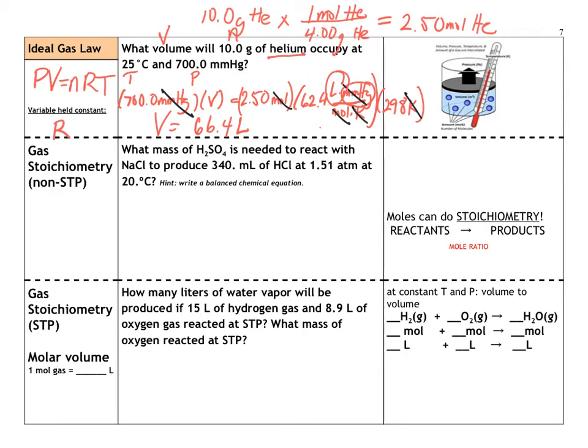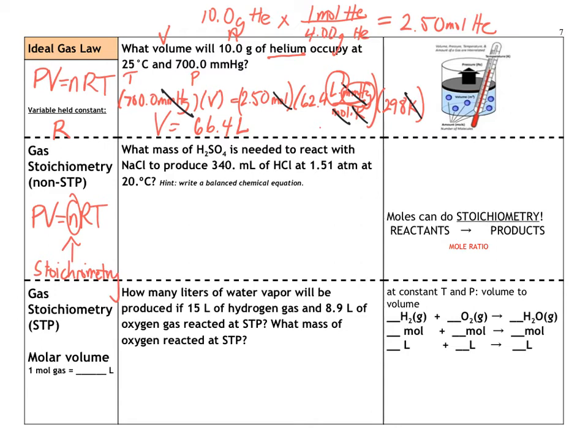And in terms of mole ratioing, going back to the ideal gas law, the variable that allows us to get to moles is N. So if we can solve in the ideal gas law for N, we can do stoichiometry quite quickly. So again, the way to stoichiometry is through the mole variable, which is N.